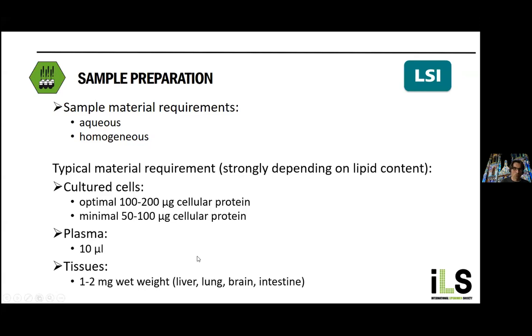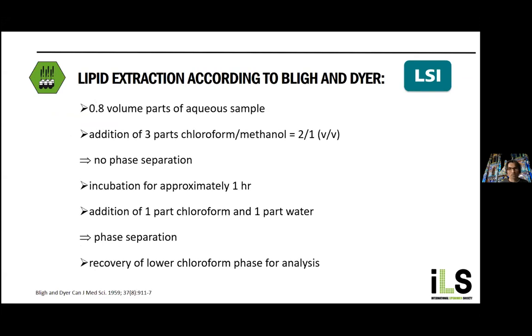This could be also lower depending on the instruments you use or dilution factors. Typically for plasma, we use, for instance, 10 microliter, or for tissue 1 to 2 milligram wet weight. These are typical numbers applied to lipid extraction, and methods used here are, for instance, the Bligh and Dyer method.